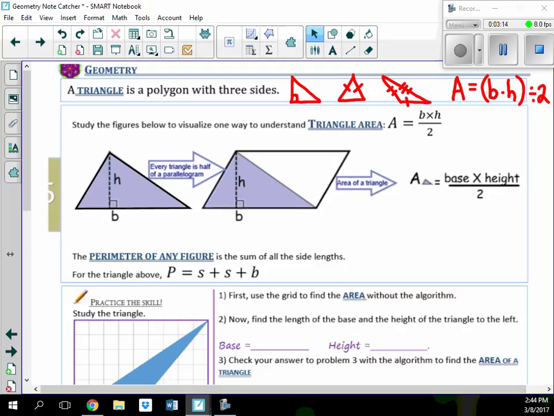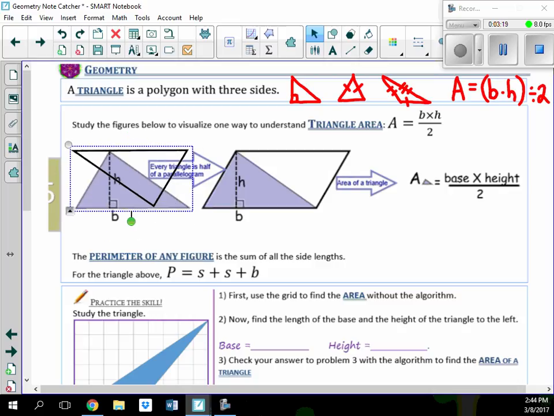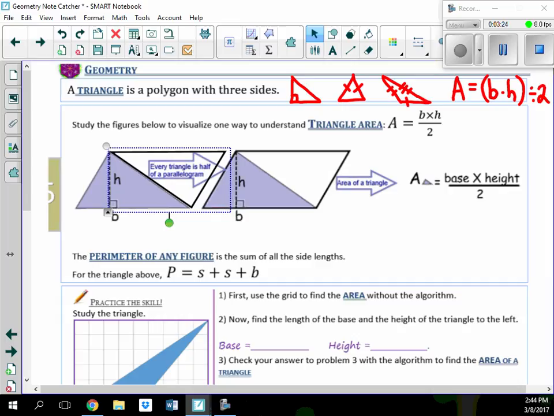So I'm just going to take this part right here, the exact same area for the triangle, and then just rotate it and double so I can get a parallelogram. So can you see how this triangle here is half of the area of a parallelogram? And if we know that the area of a parallelogram is base times height, then our triangle is just going to be half of that. Okay? So that's just another way for you to think about it, in addition to what you did yesterday.